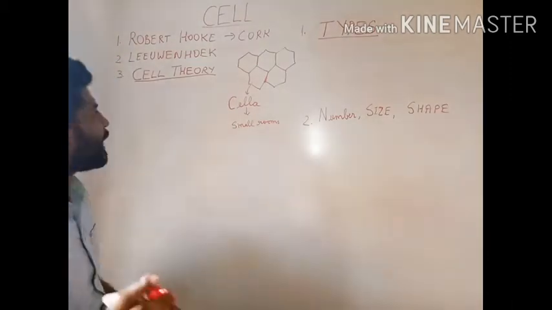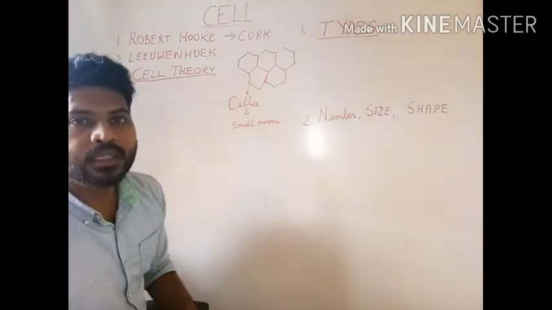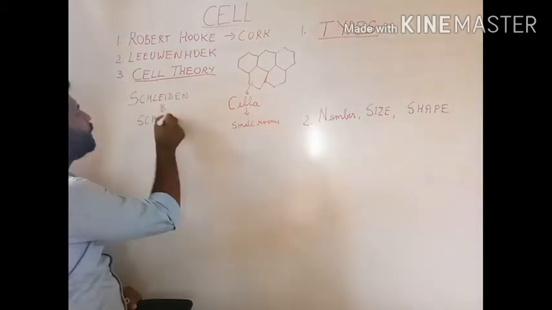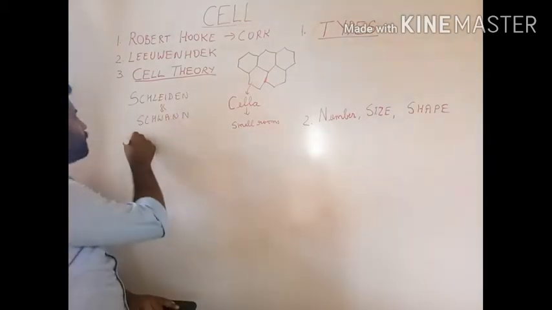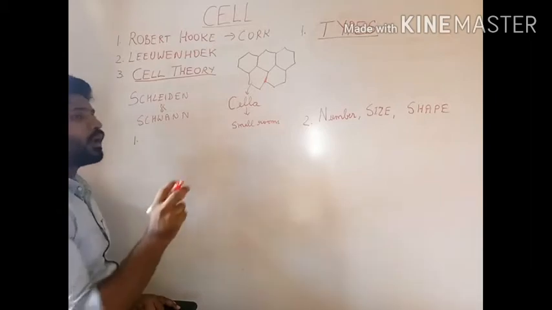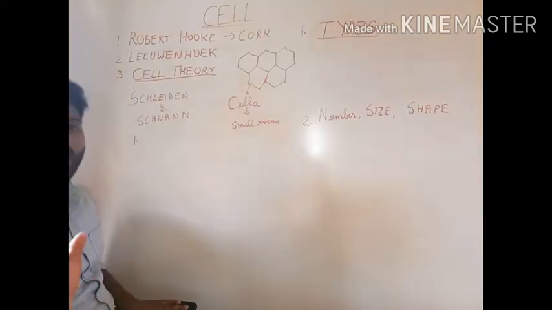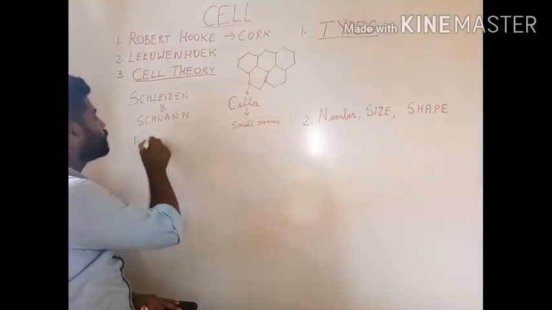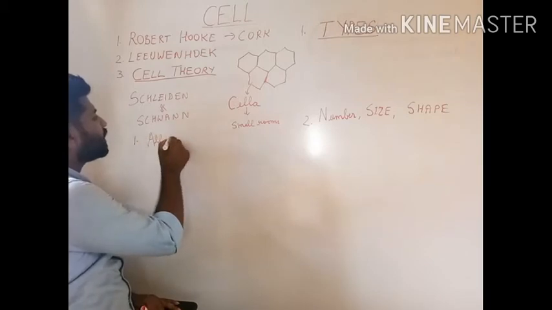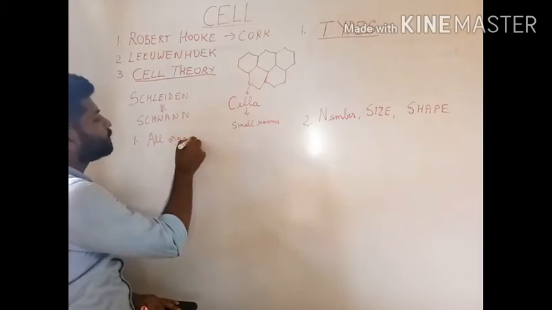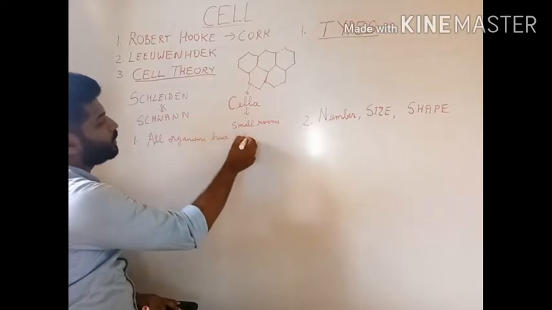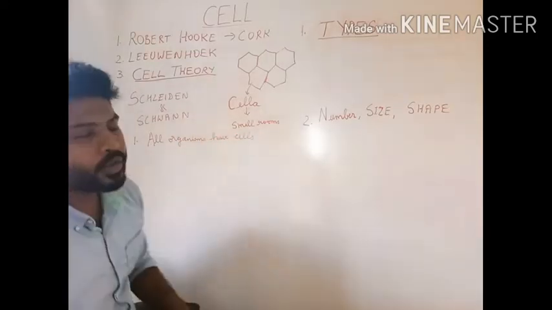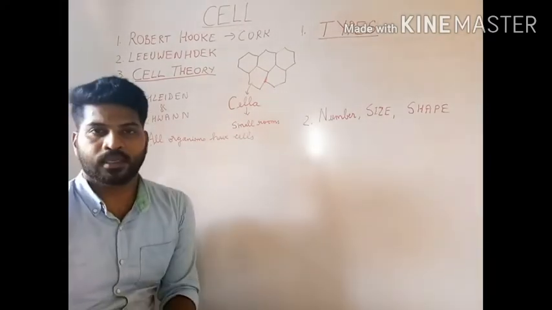So, two scientists named Schleiden and Schwann said that every organism is made up of one or more cells. So all organisms are made up of cells. It could be one cell or it could be more than one cell.